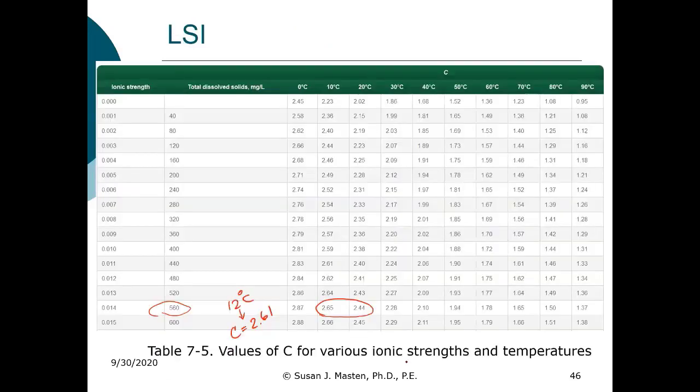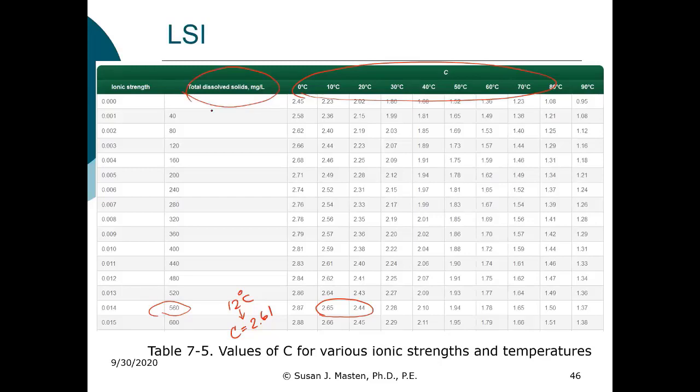And the question is, where did the 2.61 come from? That came from this table here, which is simply a table of C values as a function of temperature and total dissolved solids. Okay.